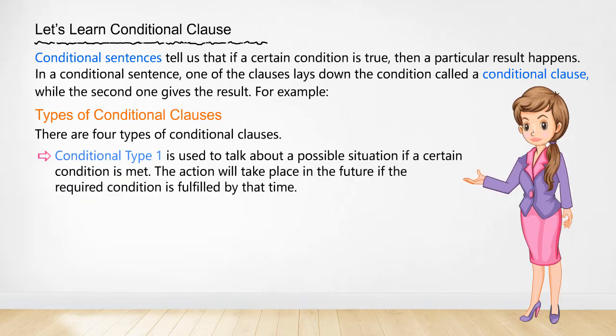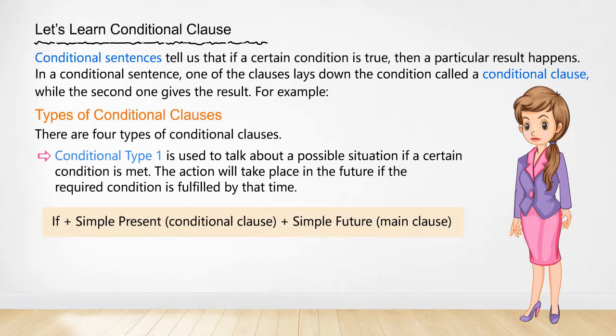Conditional type 1 is used to talk about a possible situation if a certain condition is met. The action will take place in the future if the required condition is fulfilled by that time. If plus simple present conditional clause, plus simple future main clause.